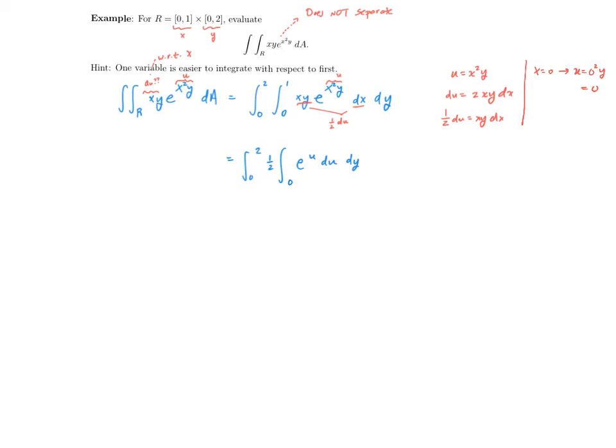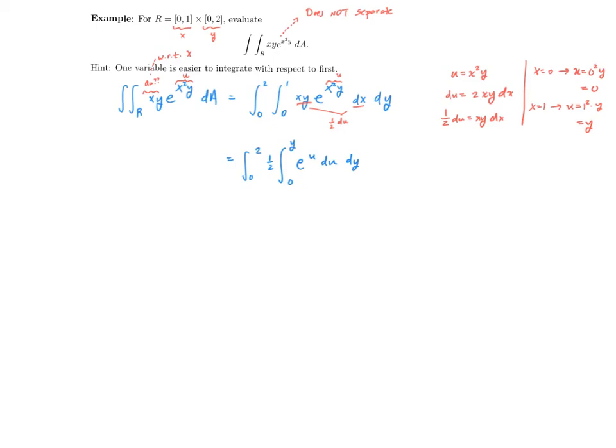In terms of the upper limit, when x is 1, u is 1 squared times y, which is y. And our upper limit of integration becomes the variable y. That's perfectly reasonable for the inside limits of integration to involve one of the variables, specifically the variable on the outside. But the outside limits of integration always have to be constants.